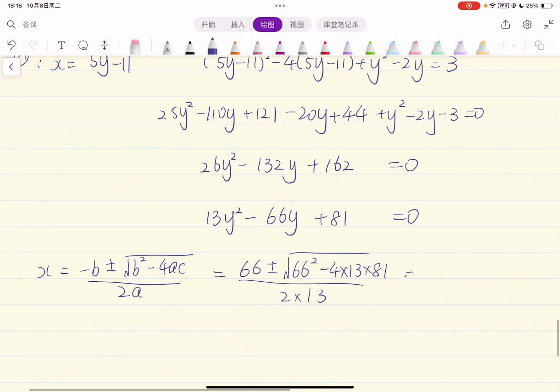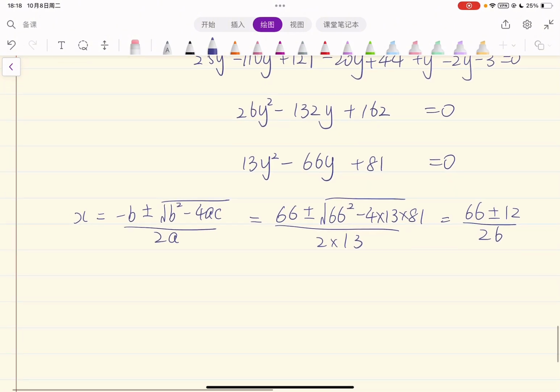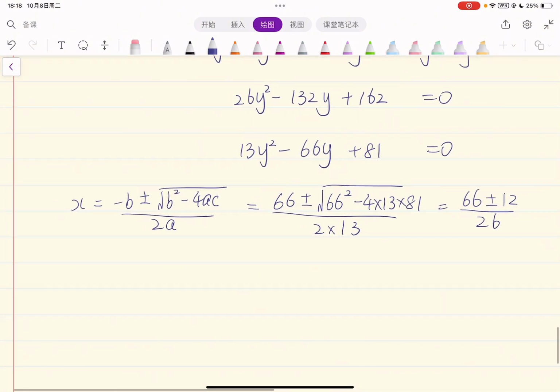That equals 66 plus minus 12 over 26. In here, you can use the calculator. So, sorry, not the x, should be y. Sorry for that. So we have the first solution, that is y equals 66 plus 12 over 26 equals 3.